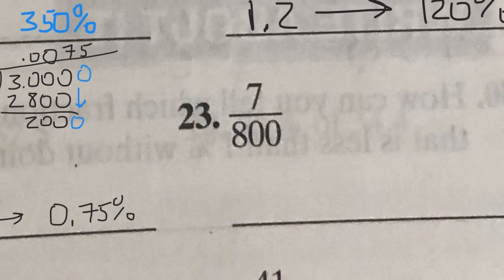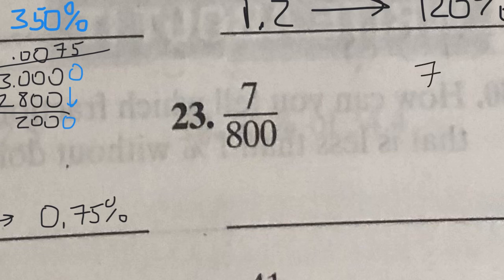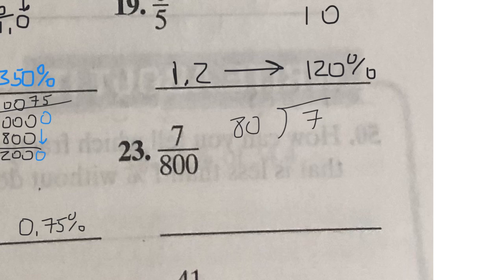Okay, so similarly with this one, we have 7 divided by 800. Now just to stay on the safe side, I'm going to tack on a bunch of zeros. Now, since I have a decimal here, I'm going to put a decimal here. How many times does 80 go into 70? Well, none. So there's going to be a 0 there. How many times does 80 go into 700?